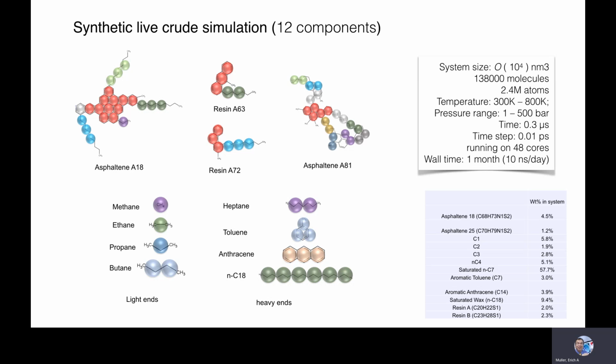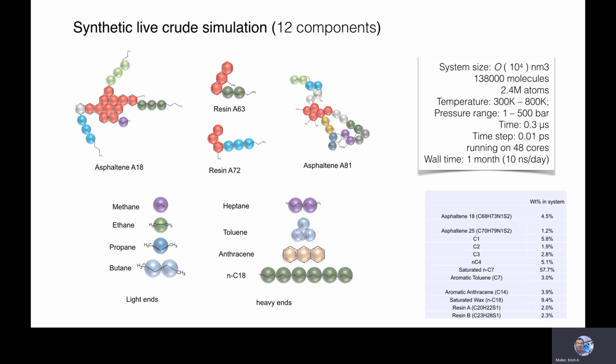We have broken down a continuous mixture into 12 discrete components, which span from smaller light ends corresponding to gases, to medium and heavy ends corresponding to other alkanes and aromatics. And more importantly, we've also included the very heavy ends, which correspond to the resins and the asphaltenes.